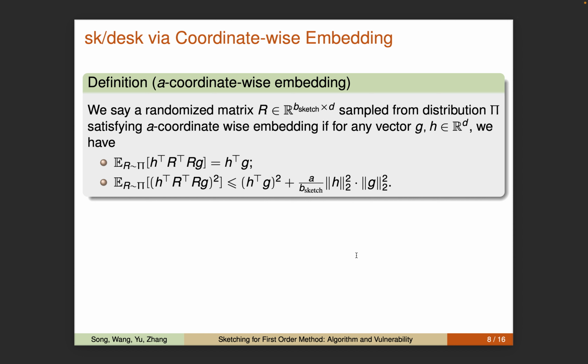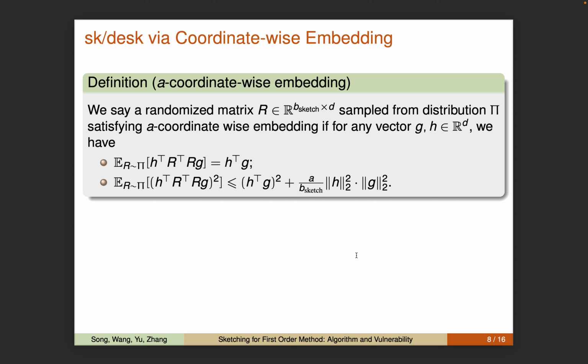This motivates us to consider the notion of coordinate-wise embedding introduced by Song and Yu. We say a randomized matrix R of size B by d from a distribution pi satisfies an A coordinate-wise embedding if, for any fixed vectors g and h, the inner product of sketch h and sketch g is, in expectation, an unbiased estimator of h transpose g.